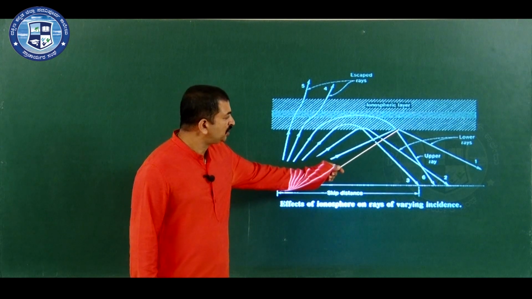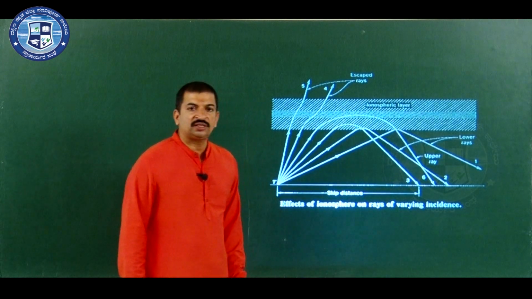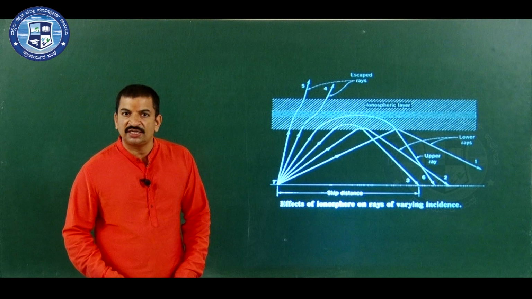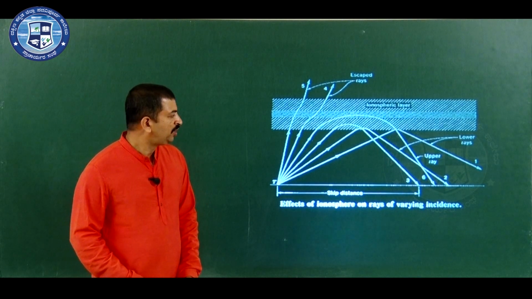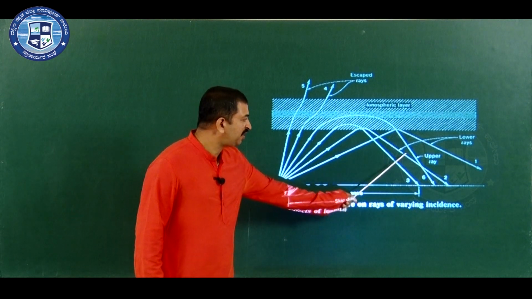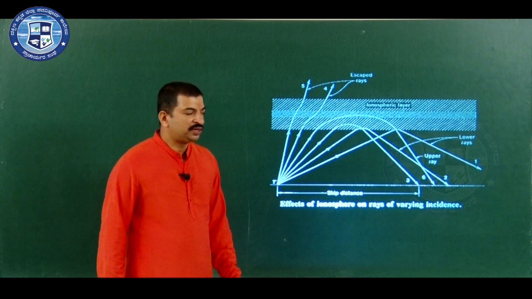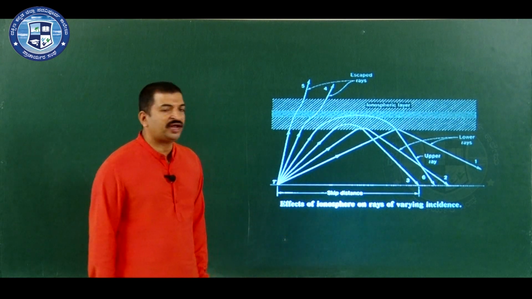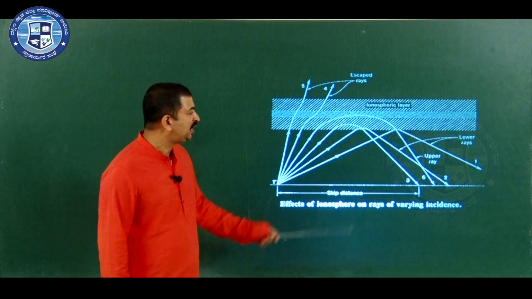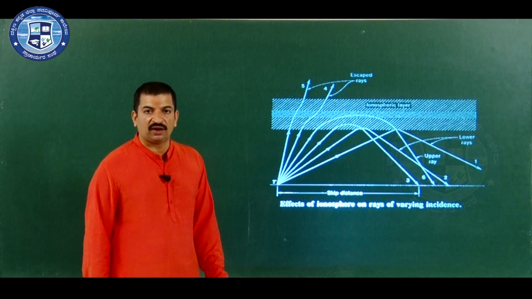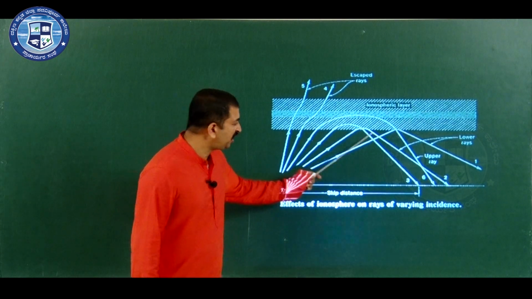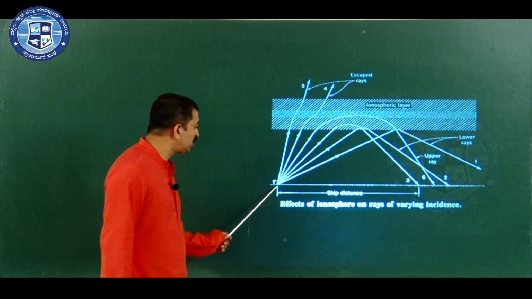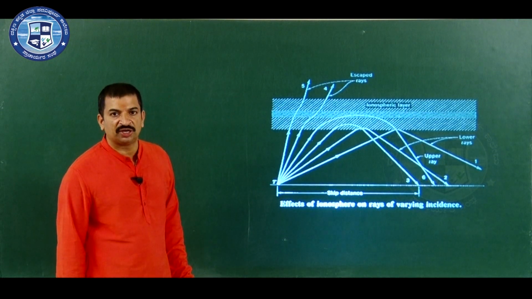You can observe that ray 1 returns down to earth at a large distance from the transmitter. Now, let me consider another ray, say ray 2. This ray 2 is incident on the ionospheric layer with an angle of incidence less than that for ray 1. Naturally, this ray returns down to earth closer to the transmitter.